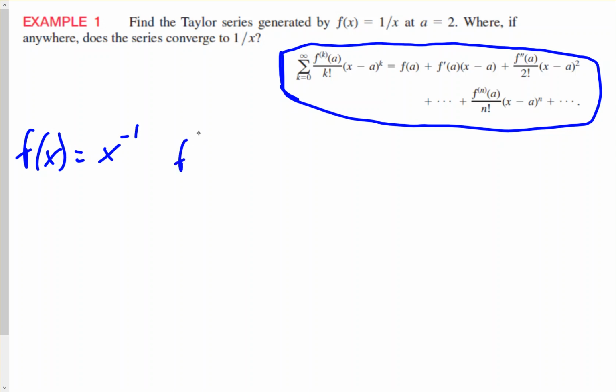Let's do the first derivative. That'll be negative 1 times x, so negative x, and drop the power, so negative 2. Let's do the second derivative: negative 2 times negative 1, which is positive 2, times x, dropping the power.